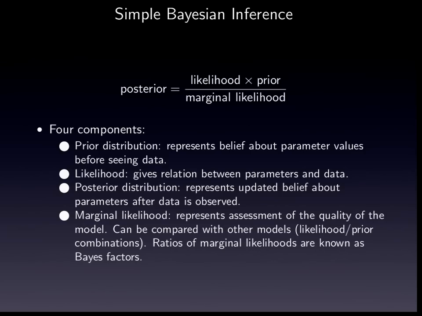Some rule which involves, in continuous space, integration. So P of T comma W given X integrated over W is equal to P of T given X. That's why the whole thing involves integration.